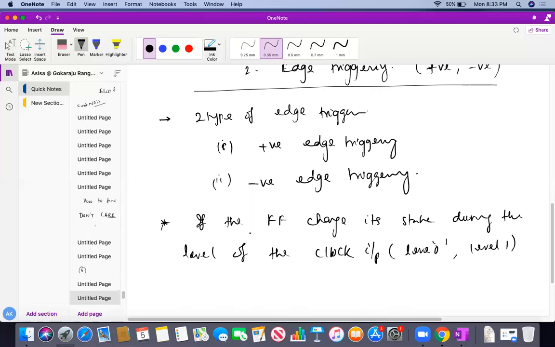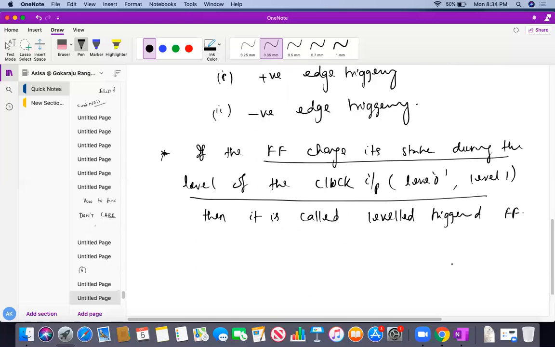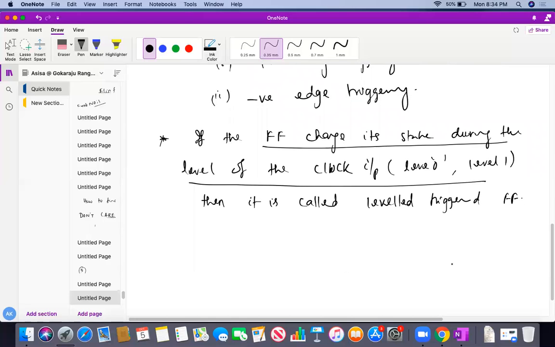Am I correct? If the flip-flop changes its state during the level of the clock input, level 0 or level 1, then it is called a level triggered flip-flop.